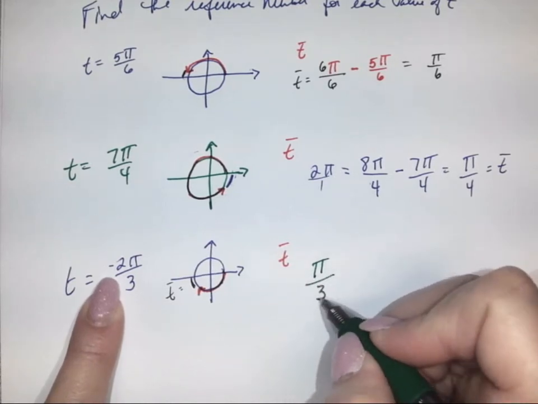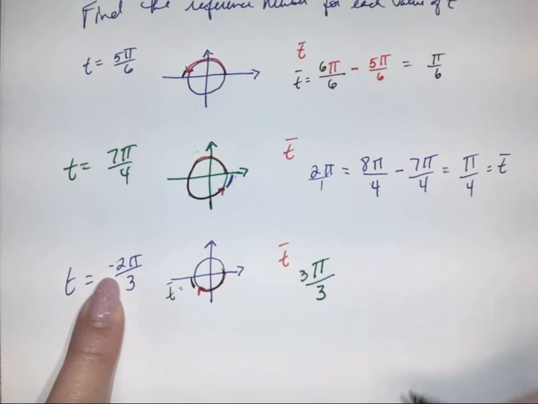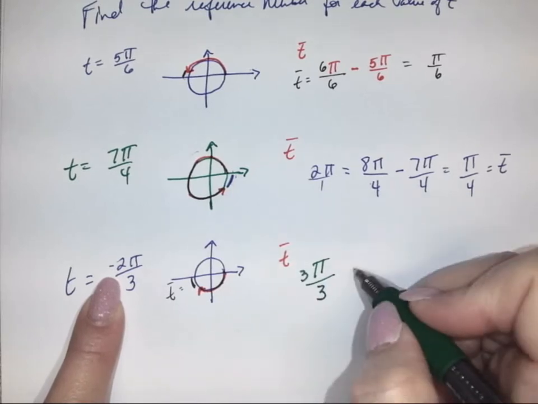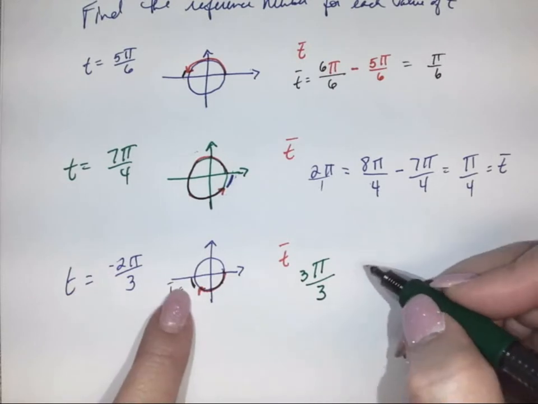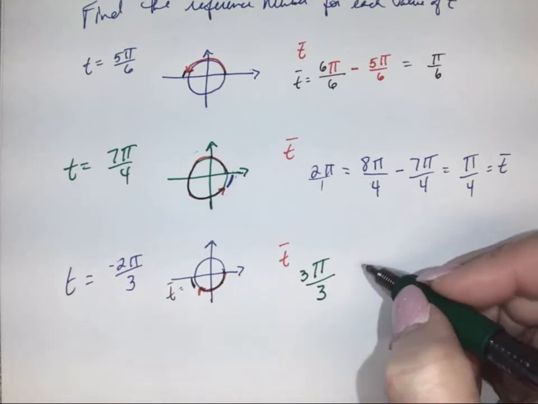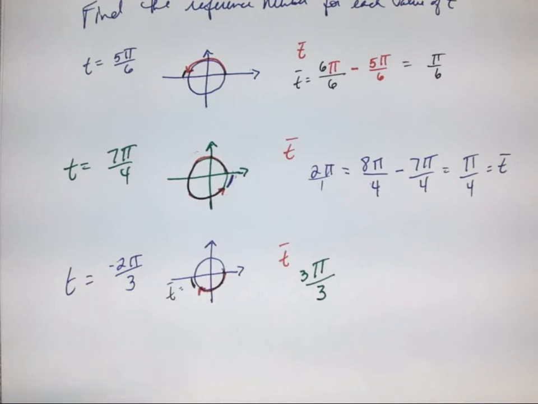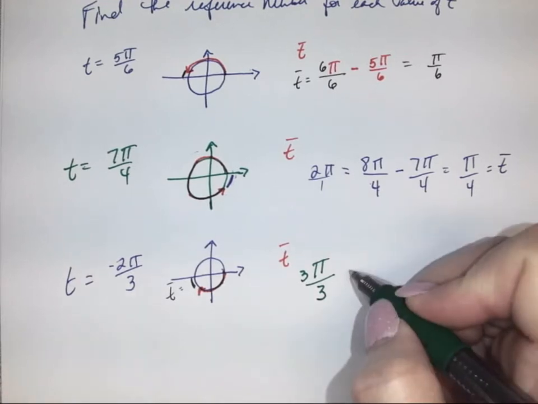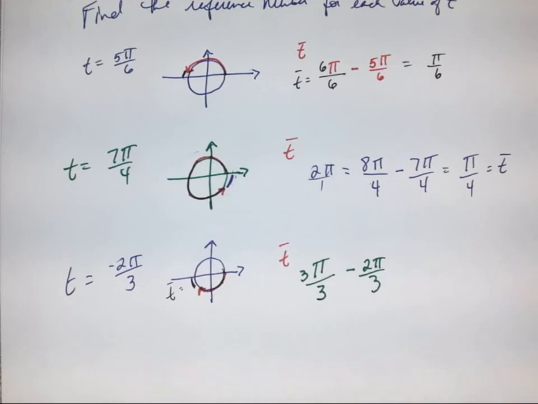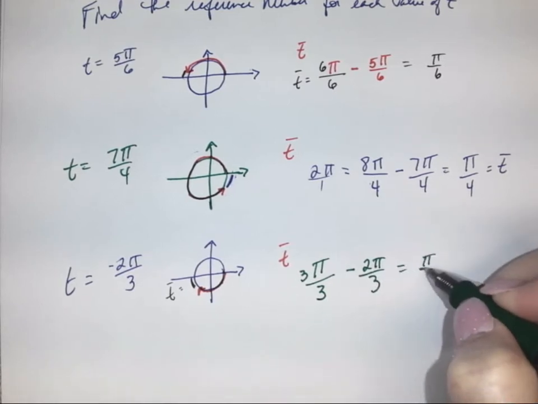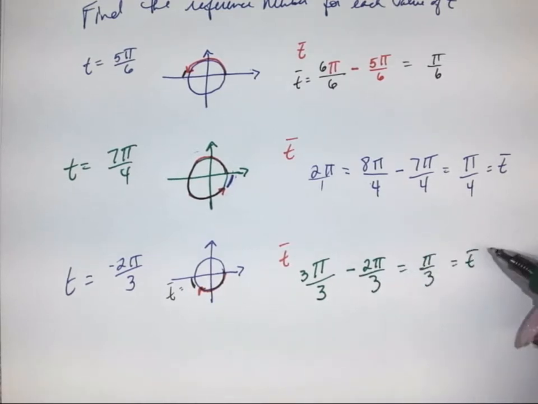So I need a common denominator of 3, so this becomes 3 pi over 3. And I know this is a negative 2 pi over 3, but we're still looking for the value of t-bar, just the distance. And the distance is positive. We don't have negative distance. So we're still going to subtract 2 pi over 3, and that will get us 1 pi over 3, and that would be our t-bar.